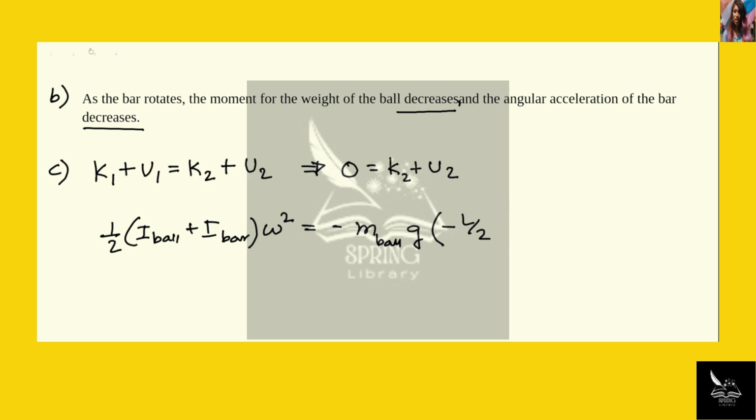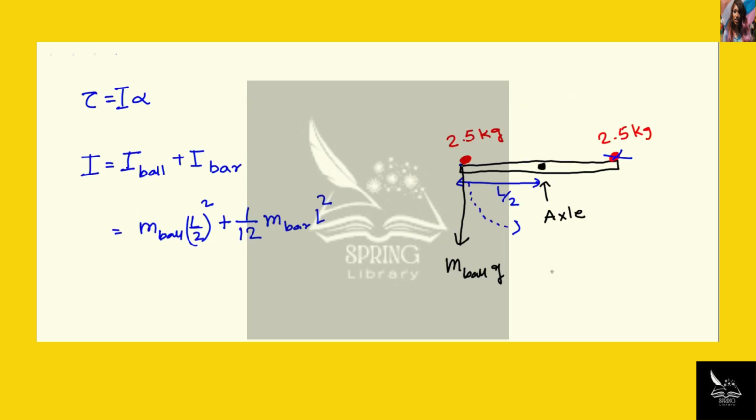And for part C, if we go back to the picture one more time, we'll see that at the vertical position, we'll have something like this, where the distance from here to here will be L/2. Now, if we consider this as our origin, where y is 0, let's call this point number 1, and let me draw the ball here.